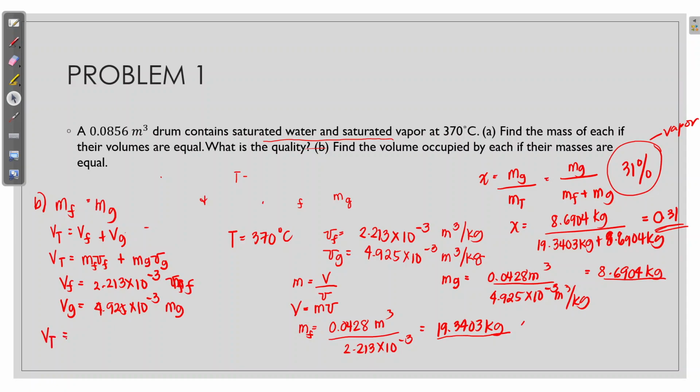V total is equivalent sa 2.213 times 10 raised to negative 3 mf plus 4.925 times 10 raised to negative 3 mg. In this case, mf is equals to mg. So, ang VT natin is pwede natin sabihin na 2.213 times 10 raised to negative 3 mf plus 4.925 times 10 raised to negative 3 mf ulit. Kasi pares lang naman sila, equal naman sila. So, magbura muna tayo.